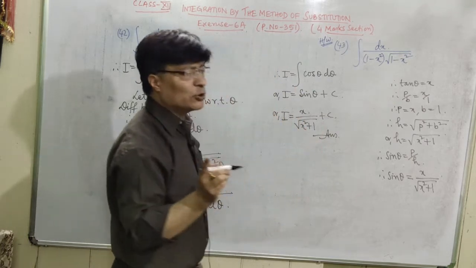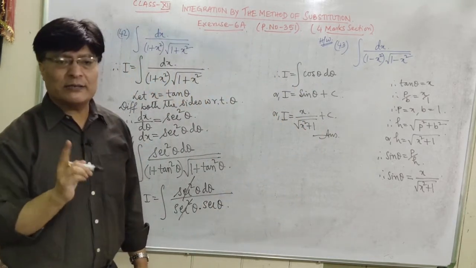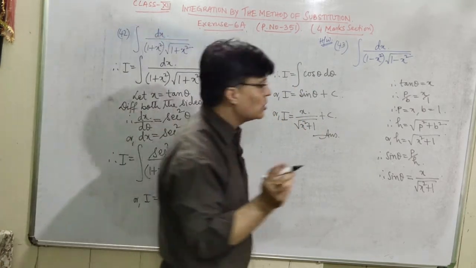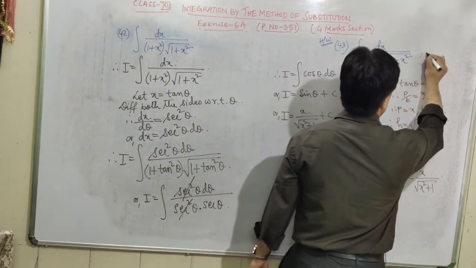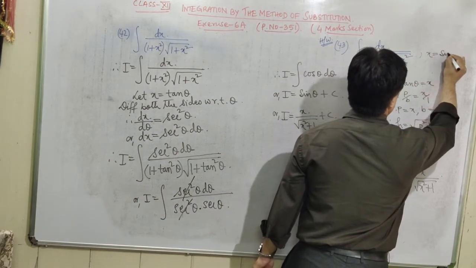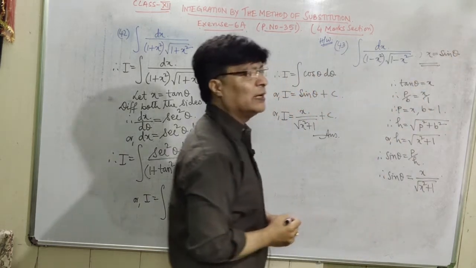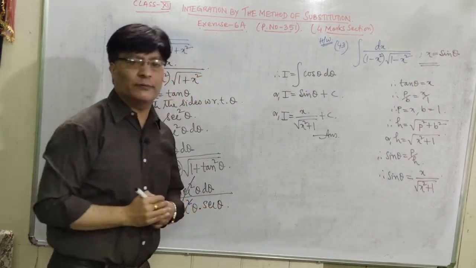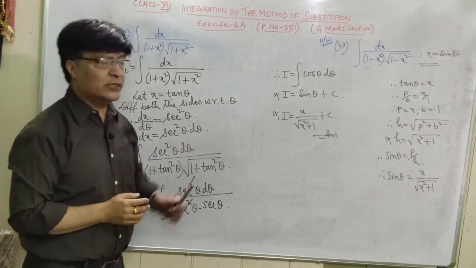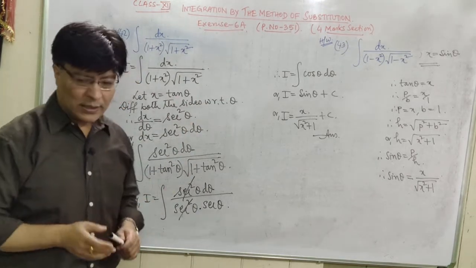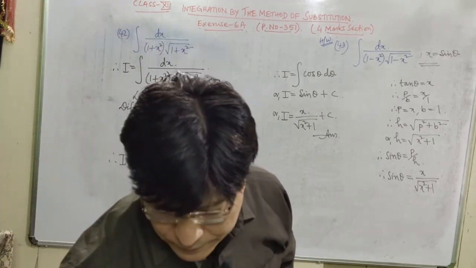I already told you that whenever you have 1 minus x square within square root, you always put x is equal to sin theta. Hence for problem number 43, you can do it at home. Now we'll do the next question.